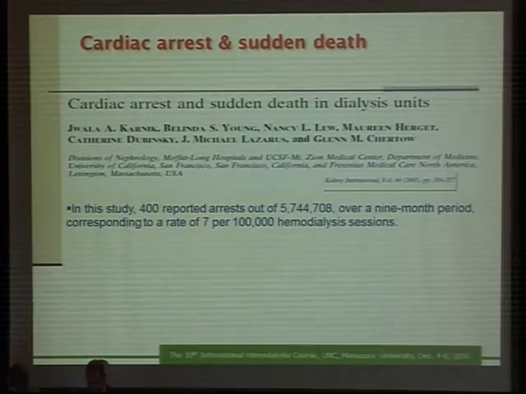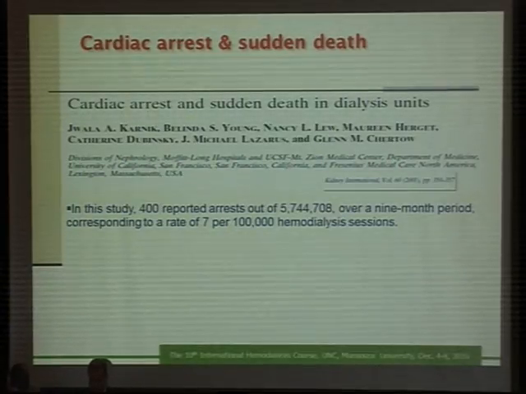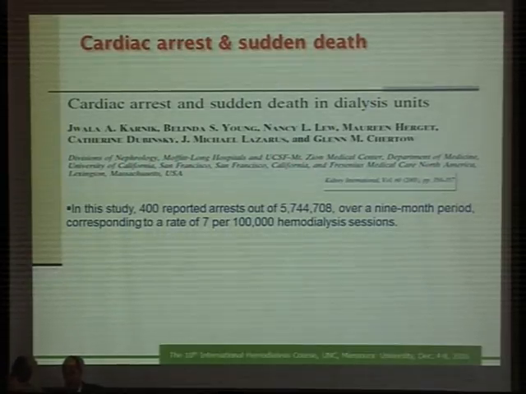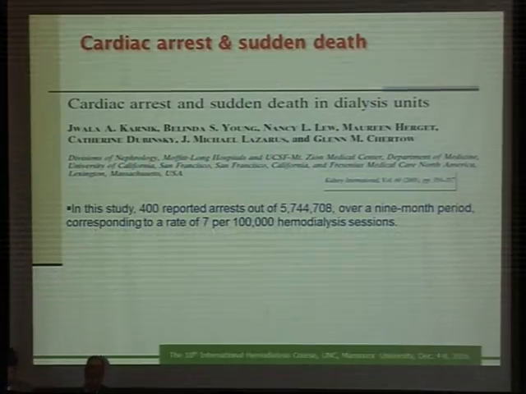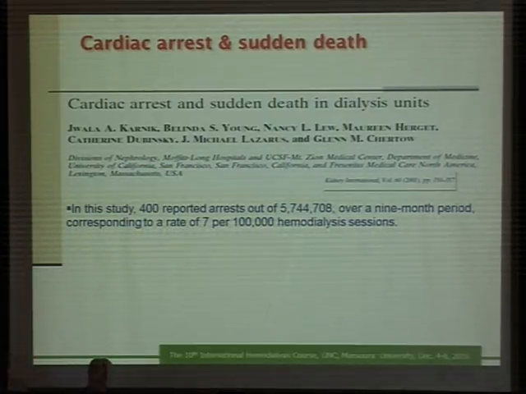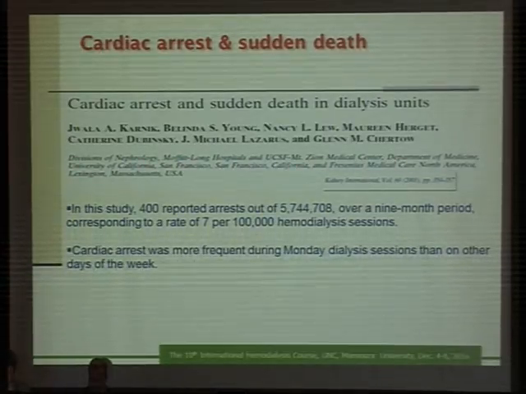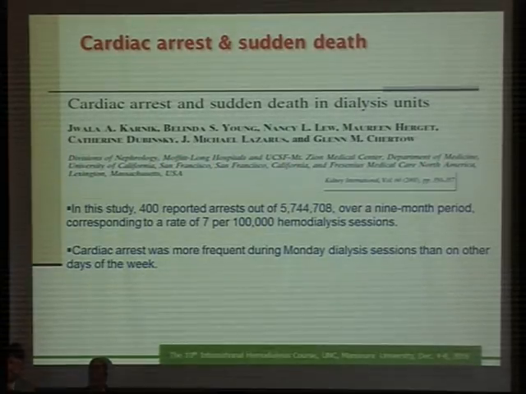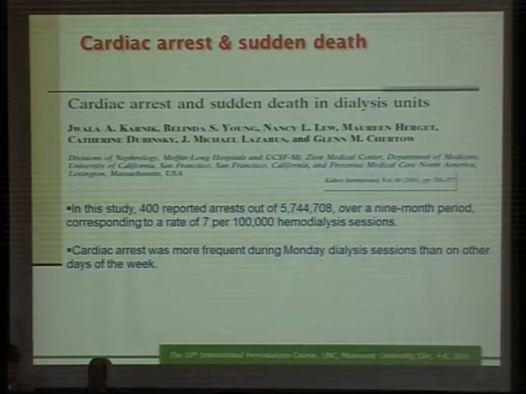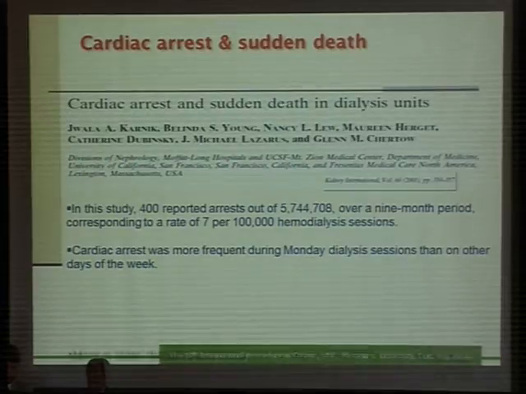This study reported the occurrence of 400 cases of cardiac arrest among more than 5.5 million patients over a 9-month period. It showed that cardiac arrest was more frequent during the Monday dialysis session, after the lengthened duration between the 2 sessions from Wednesday.